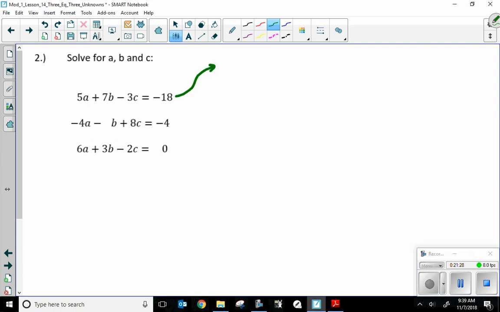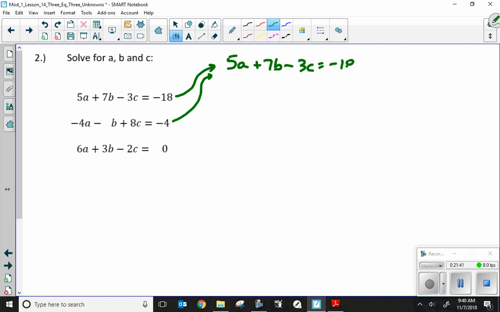Let's take the first two equations, okay? I'm going to say 5a plus 7b minus 3c equals negative 18. If I'm getting rid of my b value, I need to multiply everything in here by 7, okay? That's negative 28a.